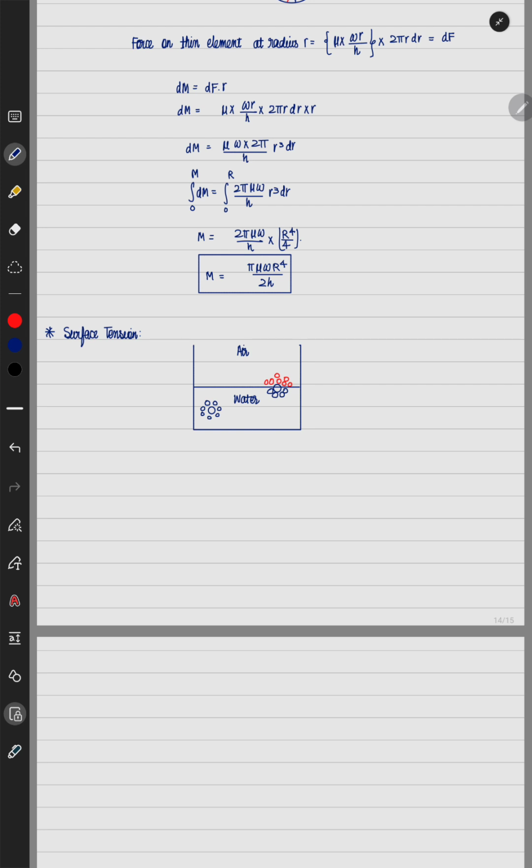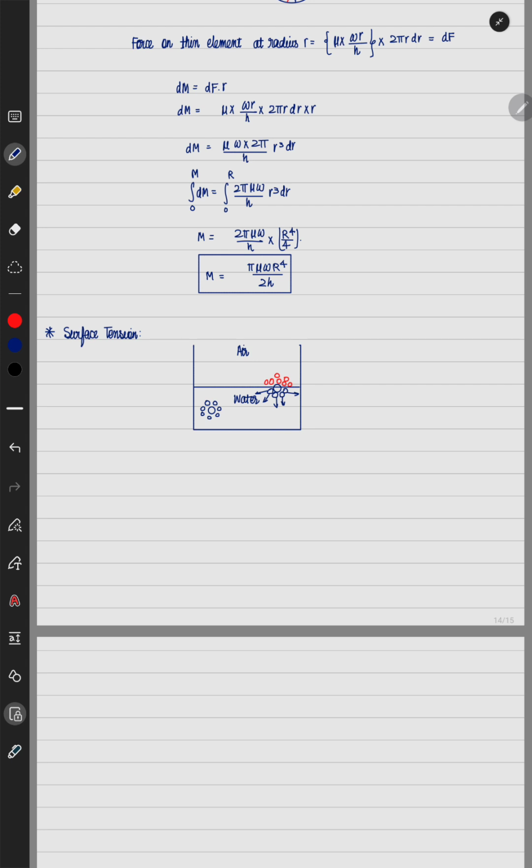So there will be a net inward force acting due to the water molecules. The force exerted by the molecules from the top is not equal to the force from the bottom, so there will be a net inward force acting on this molecule on the surface.